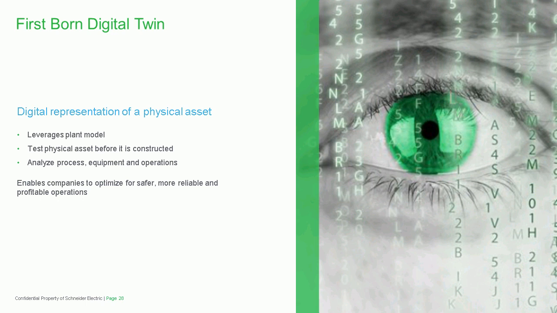We take that a little further and we talk about the firstborn digital twin. The idea of the firstborn digital twin goes back to that notion of designing and simulating the asset before it's even built. And that provides a great baseline data set for digital technology that can be used later in the life of that asset.